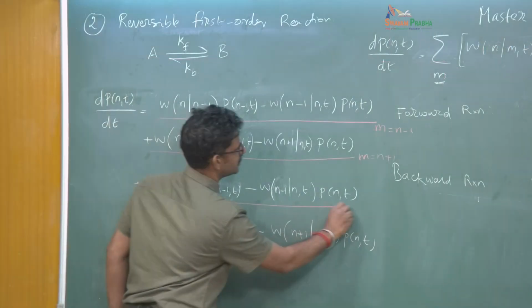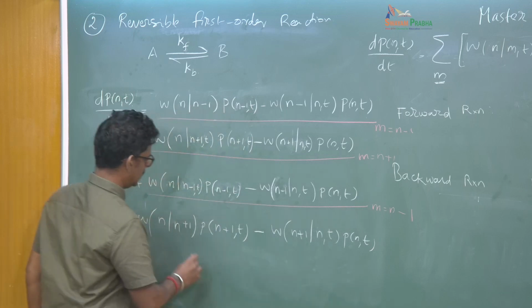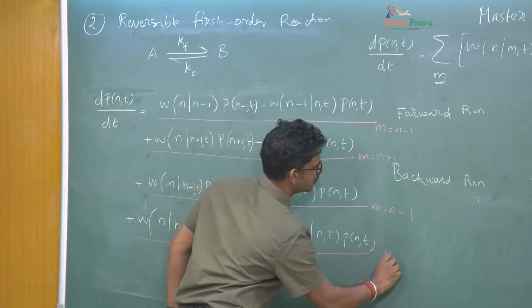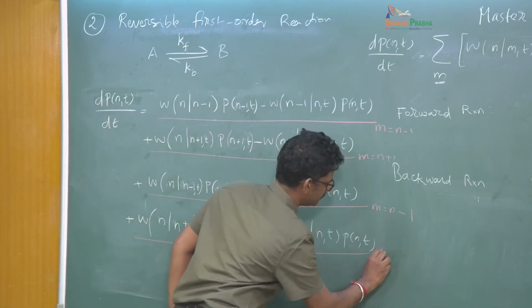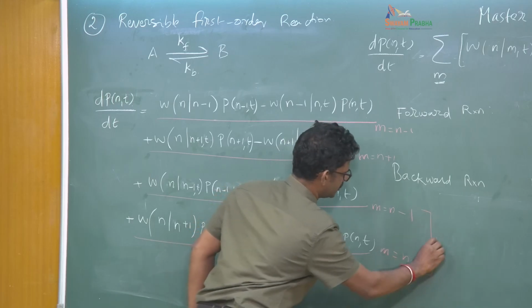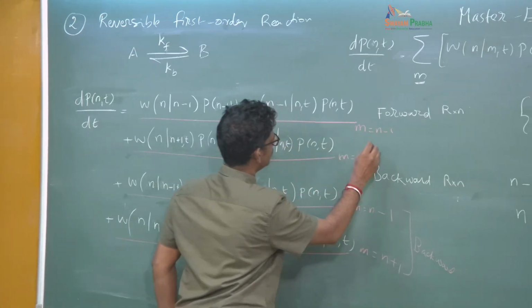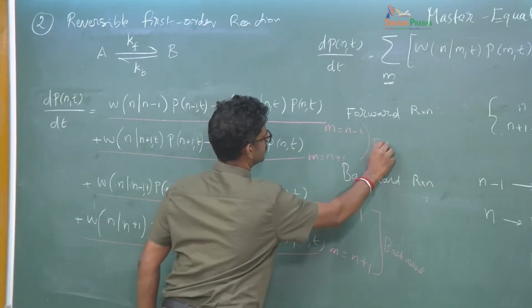Similarly, this is written for m is equal to n minus 1, and this is for m is equal to n plus 1, and these are backward reactions, and these are forward reactions.